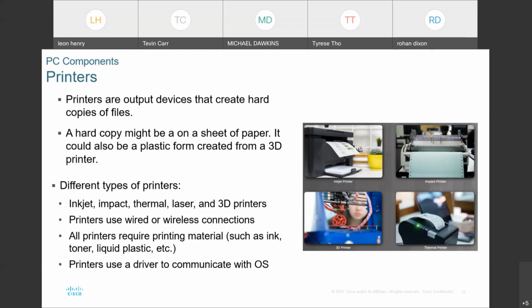Then you have the impact printers. Impact printers is where the information is, as the word states, impact. It places it on the paper, or whatever the hard copy is going to be, via impact. I can give an example of where you can find impact printers.